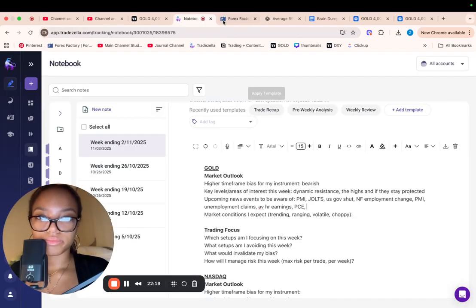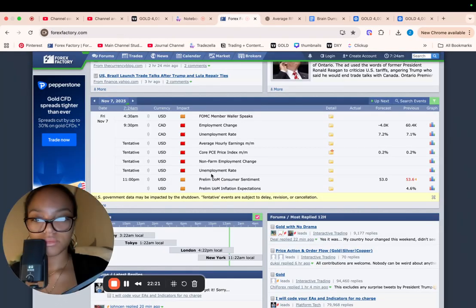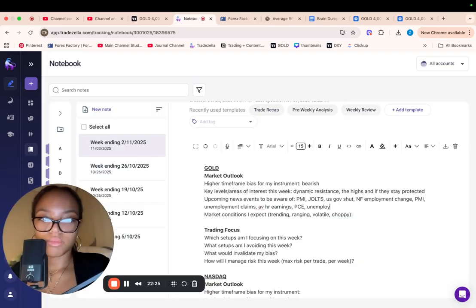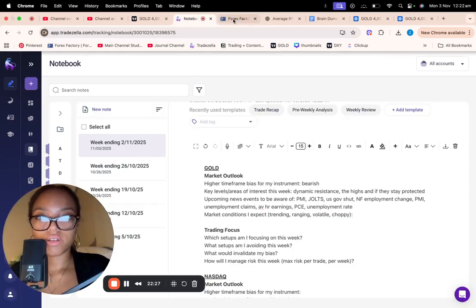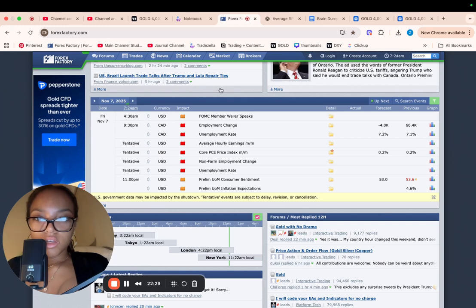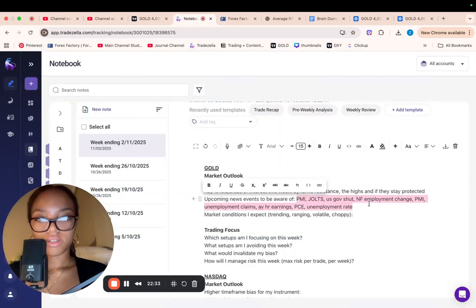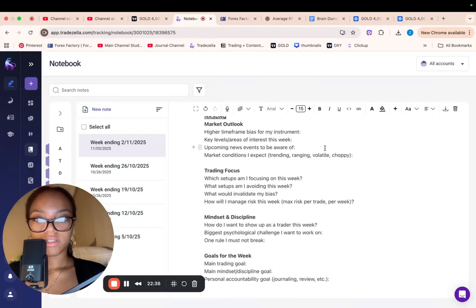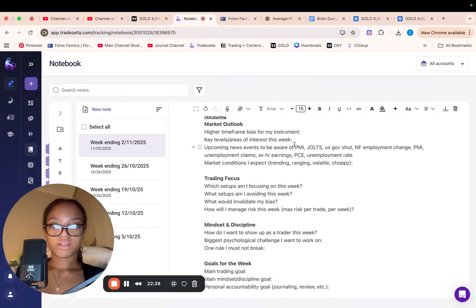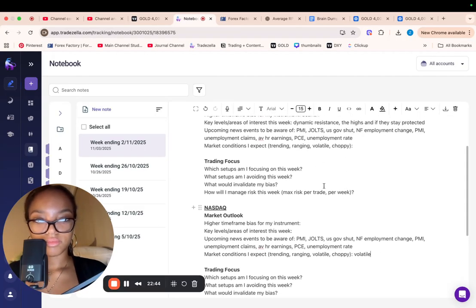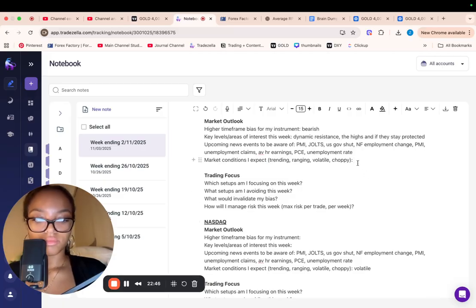PCE. Unemployment rate. I just wrote non-farm employment changes here. Okay, we got all of this to come and delight us. So I'm just going to add that onto here because I'm not typing that out twice. I'm expecting volatility because of all that news, there's so much.